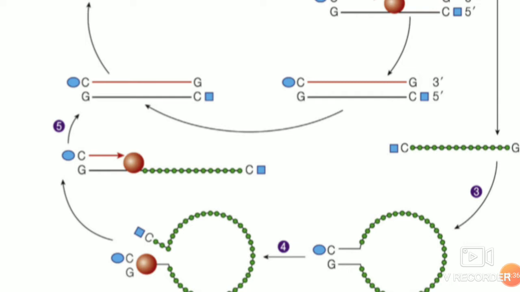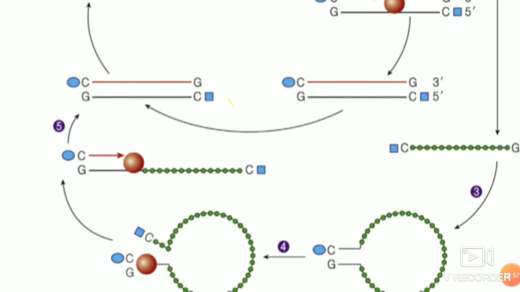That is, the second round of initiation happens by protein priming. The same G is present, so the pre-terminal protein with the C attaches here, and again the DNA polymerase is recruited to this site, and you have the synthesis of the second strand.